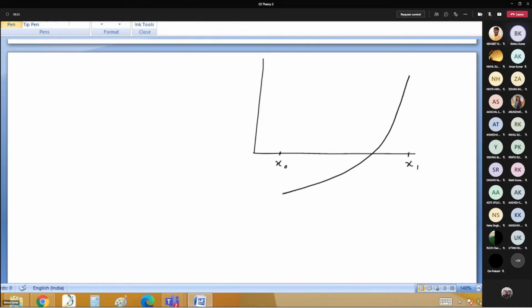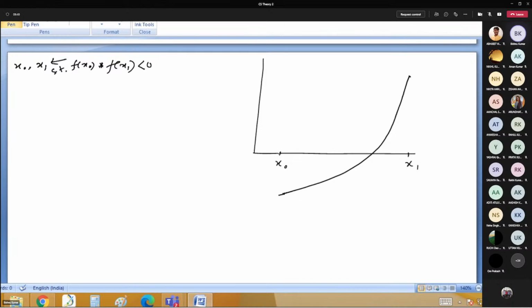So at x1 it is positive, at x0 it is negative functional value. So f of x0 times f of x1 is less than 0, and initially you have chosen x0 and x1 as initial conditions such that.